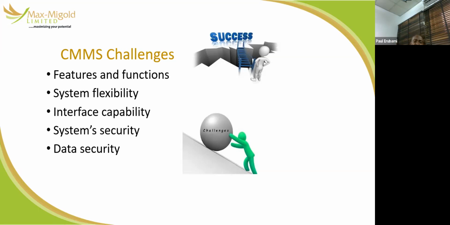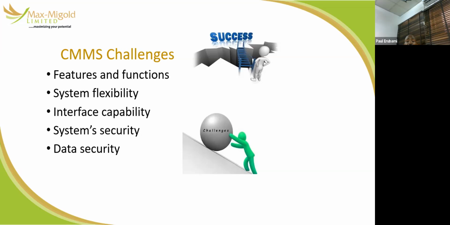Then interface compatibility, the old one and the new one. Can the new one accommodate the job done by the old one and still have enough space to accommodate more? If the answer is yes, that is where interface compatibility comes in. Then system security. How secure is the new system you have put in place in terms of your data and your information management?